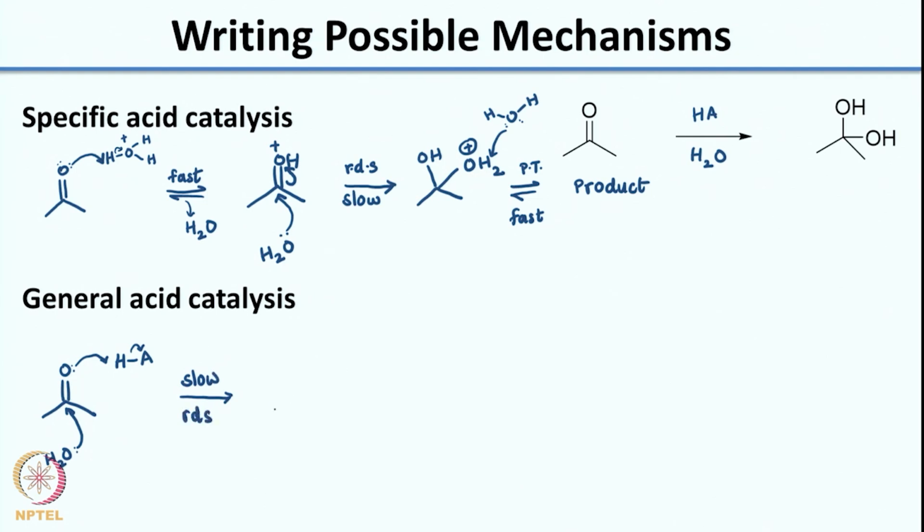So, then what you get would be, now once you have this, so this looks very similar to the intermediate we had seen above here. You have proton transfer again.